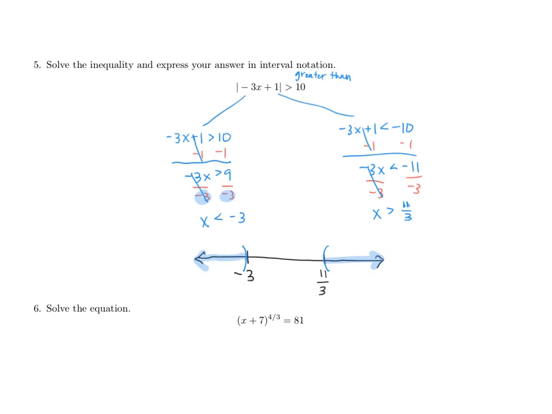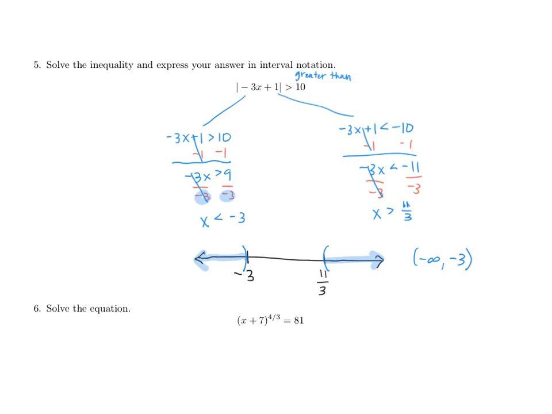And so now to write the answer in interval notation, you're just translating exactly what's on the graph into interval notation. Remember, you always put the smallest value first in interval notation. The order matters. So for the first interval, you have negative infinity to negative 3.